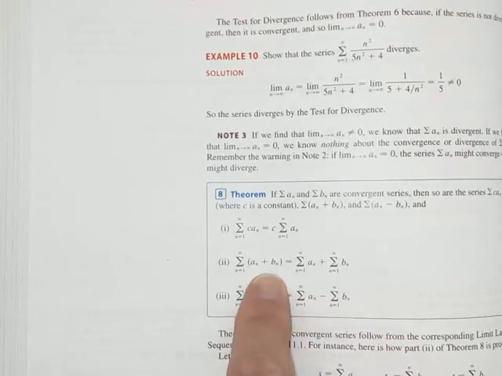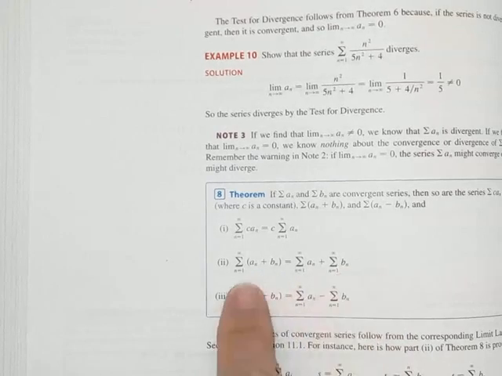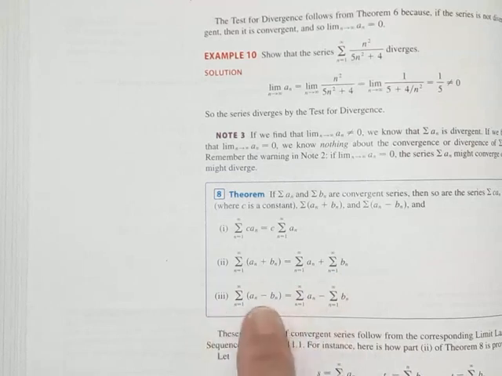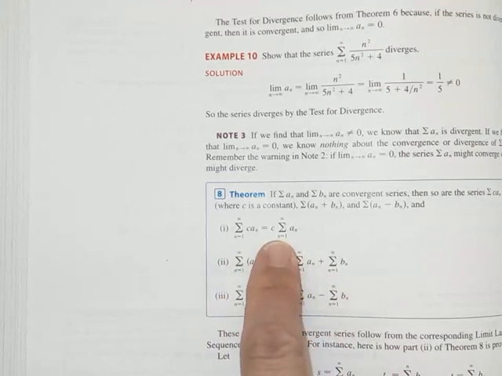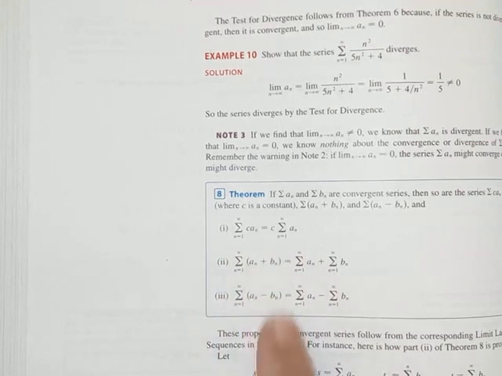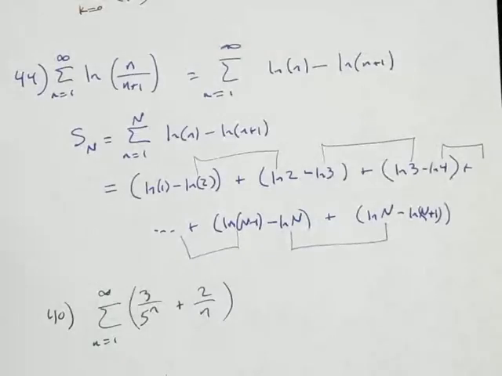I said, oh, we can add series just like adding terms. We can subtract just like subtracting terms, and we can pull out a constant. So I want to take the series in number 40 and pull it apart. We've got some addition here, so let's split this into two separate series.